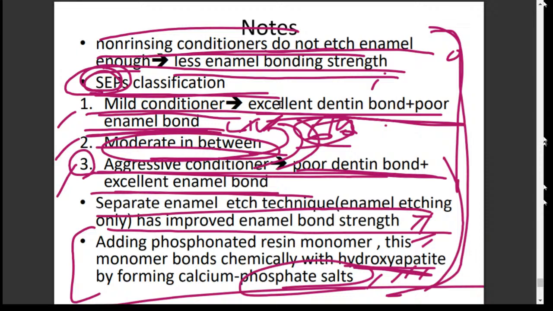The aggressive conditioner gives excellent enamel bonding, and the mild conditioner gives low enamel bonding. So the conditioner increases enamel bonding, but at the same time decreases dentin bonding.